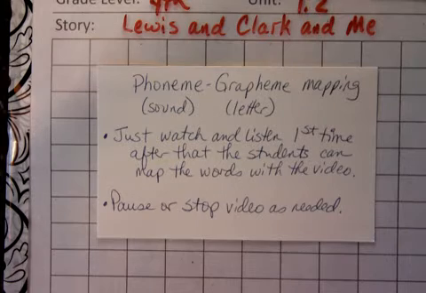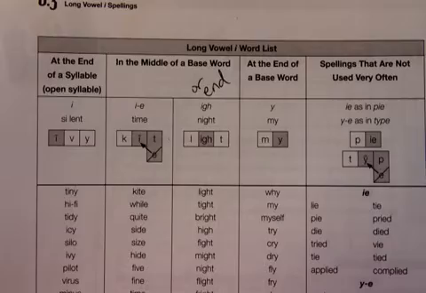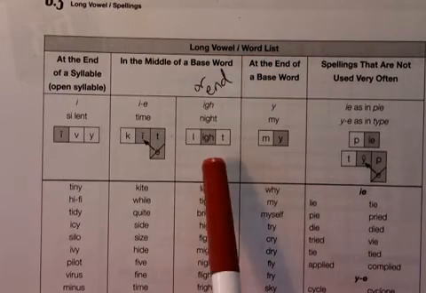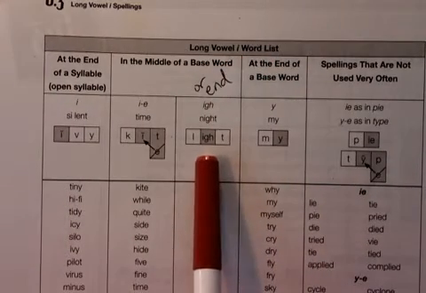So our words in this week have the long I sound and the long A sound. And there's a few different spellings of those vowel sounds. So I wanted to show you that. For the long I sound, all of our words have IGH. And IGH represents one sound, so it goes in one box.